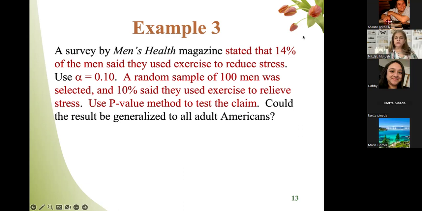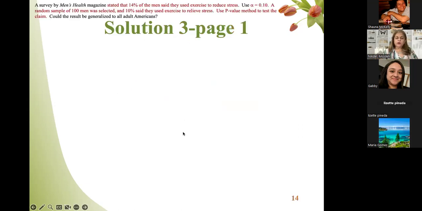Again, since we are dealing with the percentage of people that we are interested in, our parameter is proportion. What is our claim? P, the population proportion, is equal to 0.14 from the first sentence.